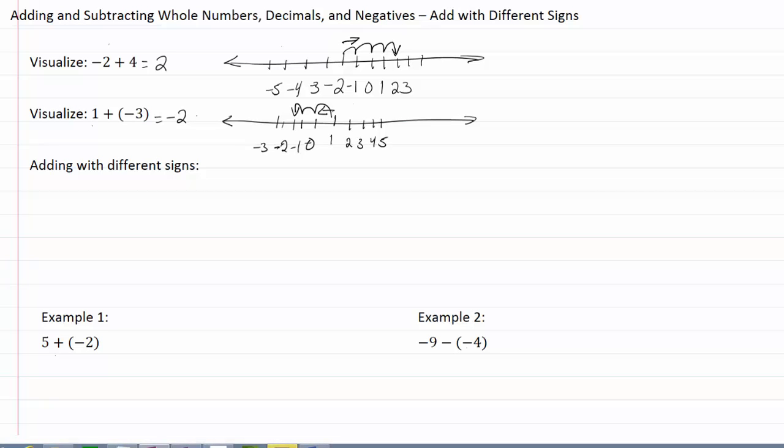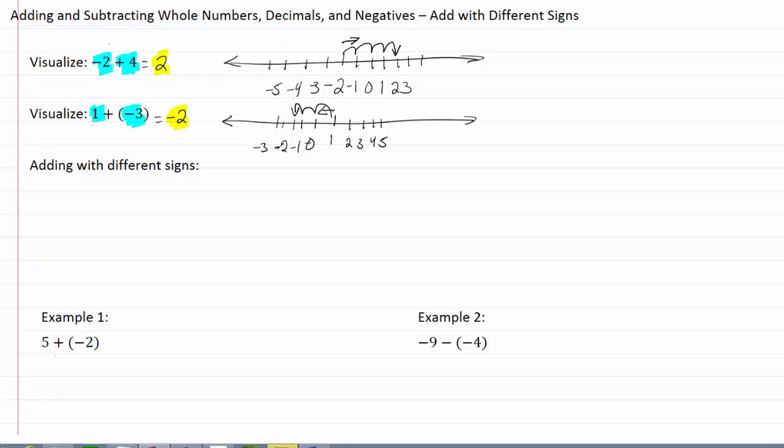Now if we take a look at our numbers here, our 2 and our -2, you may notice that those answers are the difference between our original two numbers. The -2 and the 4, the 1 and the -3. The difference.